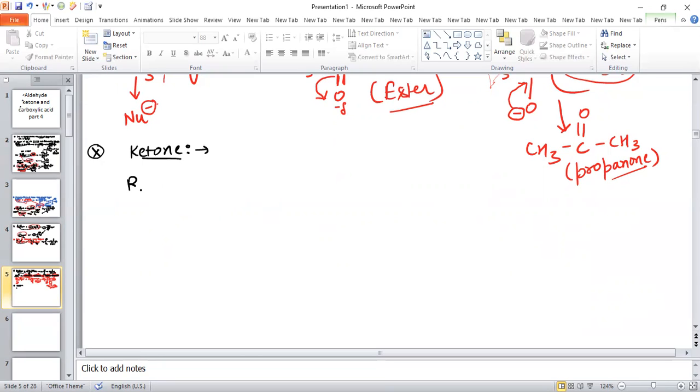Suppose we have a compound like RC double bond O and Cl, and we add dialkyl cadmium, which is R'2Cd. This is dialkyl cadmium.